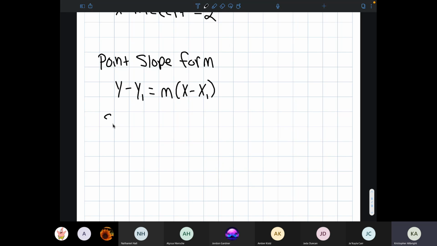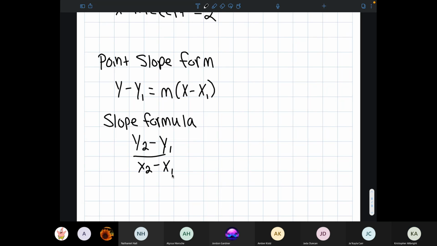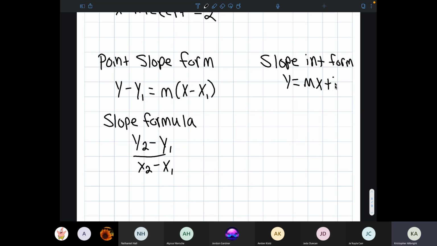The slope formula is y2 minus y1 over x2 minus x1. And then our slope intercept form, like we've already talked about, is y equals mx plus b.